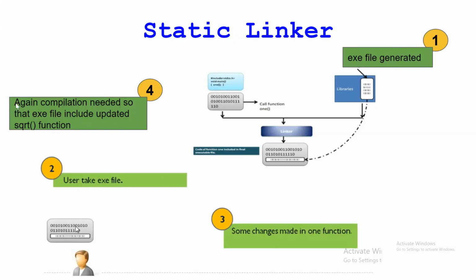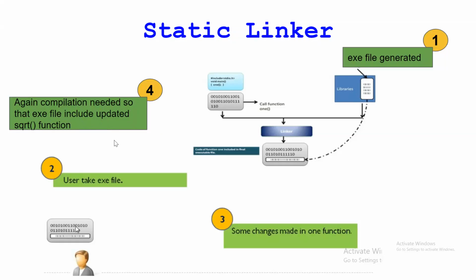So again, you just read this. Again, compilation is needed. If the original sqrt function is modified, then compilation is needed again so that the exe file includes the updated sqrt function. So whatever update is made to the sqrt function will be reflected in the final one. Have you understood this?